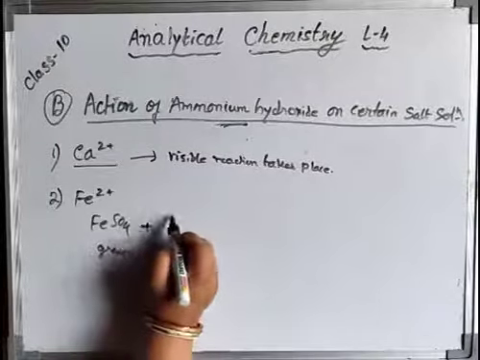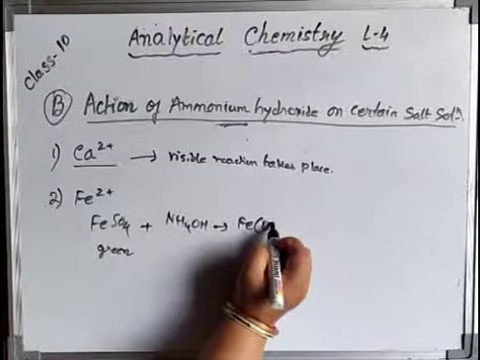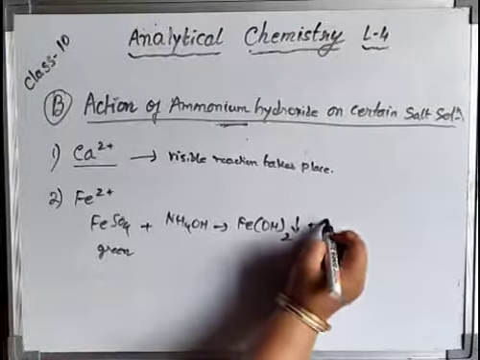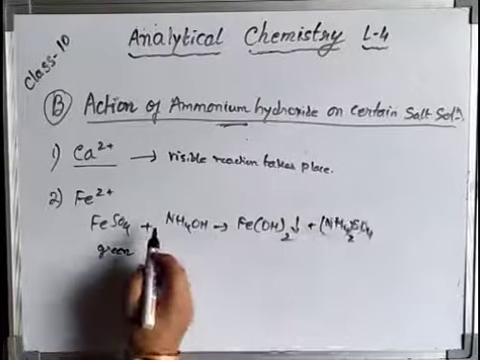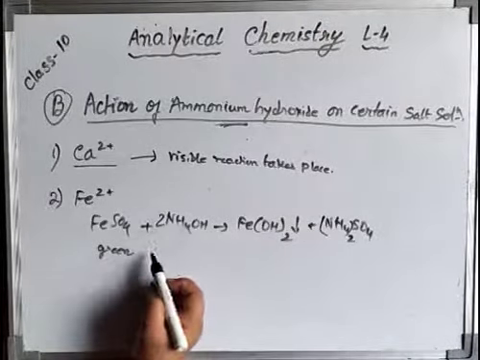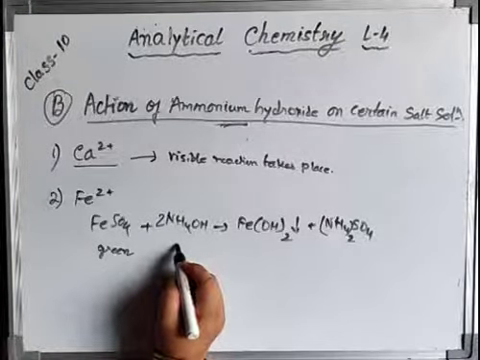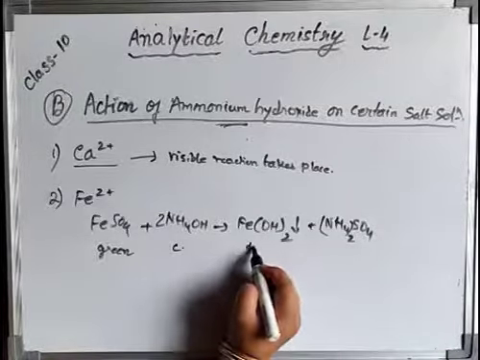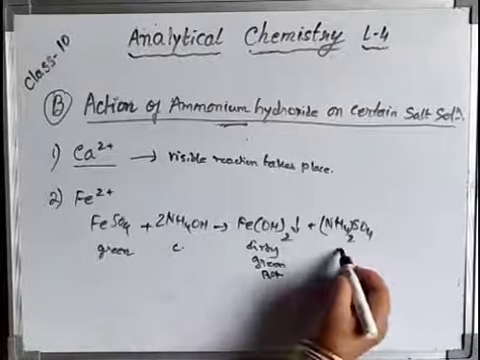When it reacts with ammonium hydroxide, it gives ferrous hydroxide, a precipitate, plus ammonium sulfate. Now you have to balance it. I think it is balanced. This is a colorless solution, and this is a dirty green precipitate, and this is also colorless.